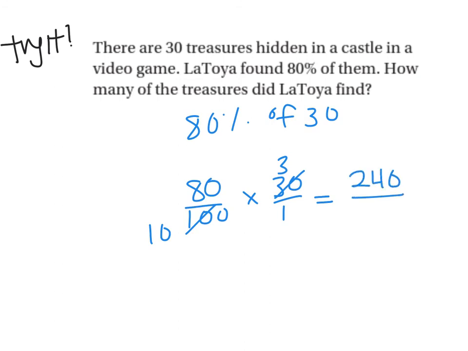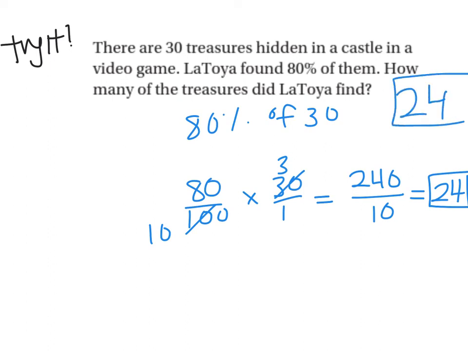I know because 8 times 3 is 24. And then 10. And then when I have just 240 divided by 10, that's just 24. So out of 30 treasures, she found 24 of them, which is 80%, which is a lot, right? Not quite 100%, but she found most of them.